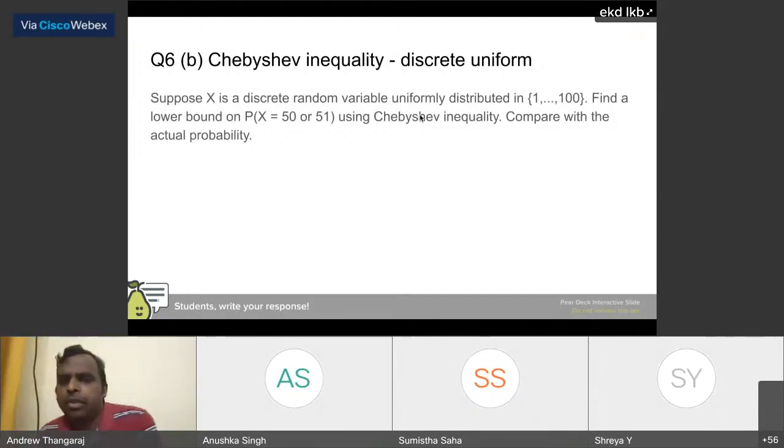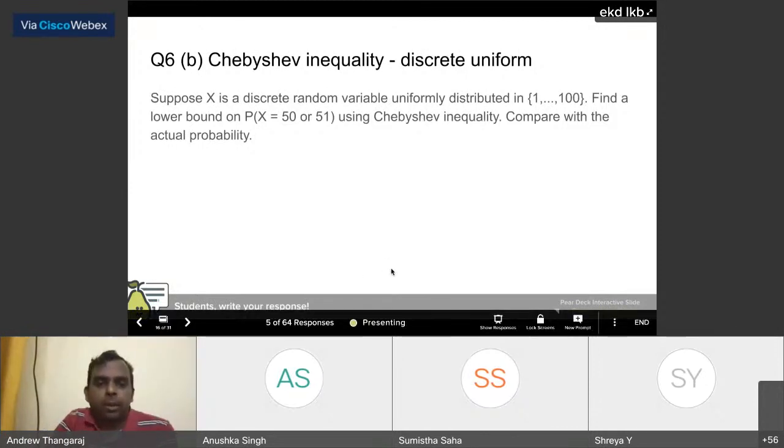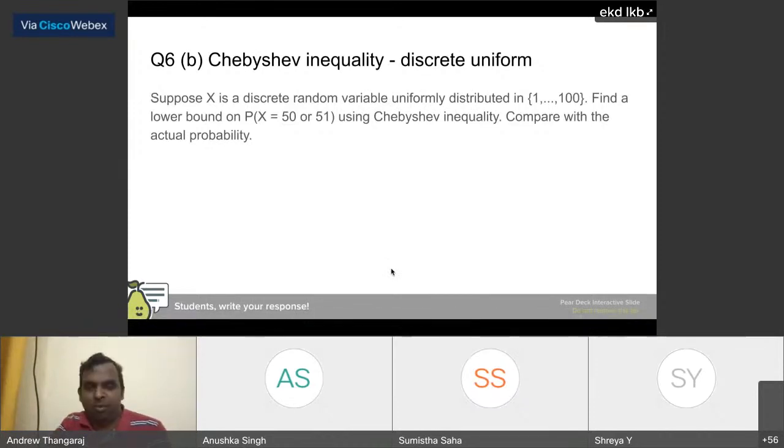Okay, so there's a hint from somebody. It says lower bound is 1 minus upper bound. All right, so let me see. There are only 5 responses. People are really confused about how to get a lower bound. So the trick to the lower bound is, remember, the probability that mod X minus E of X is greater than something is equal to 1 minus the probability that mod X minus E of X is less than that same thing.